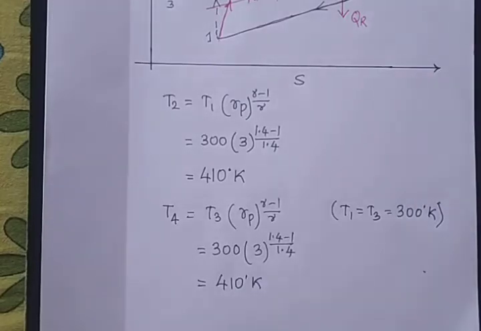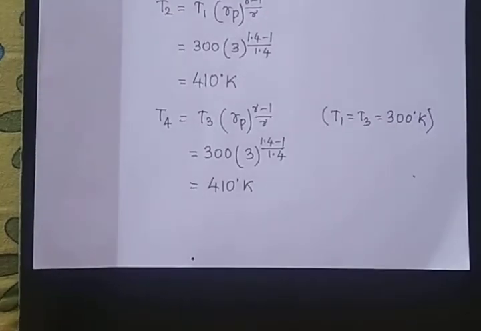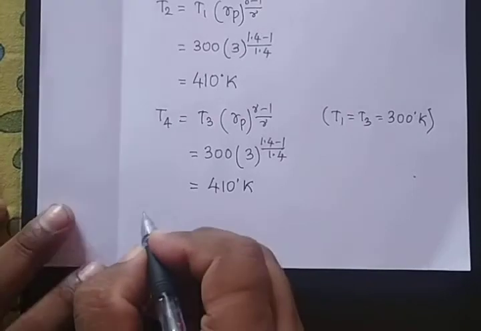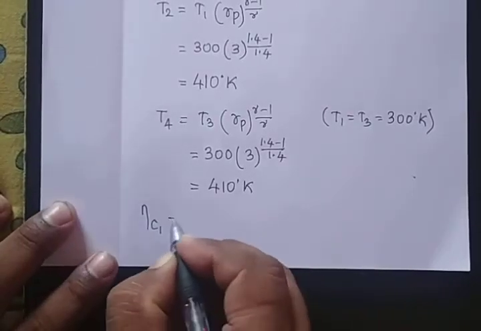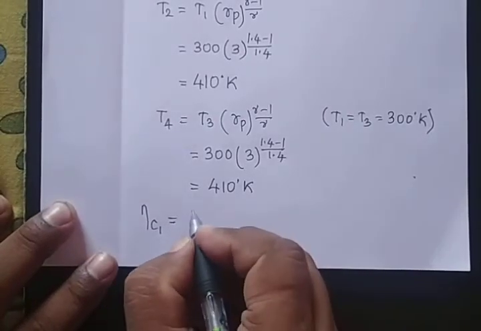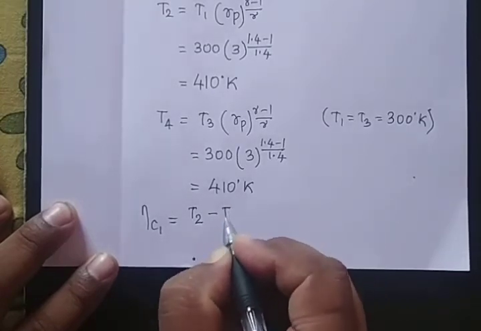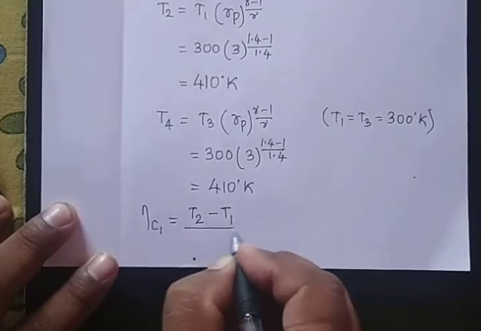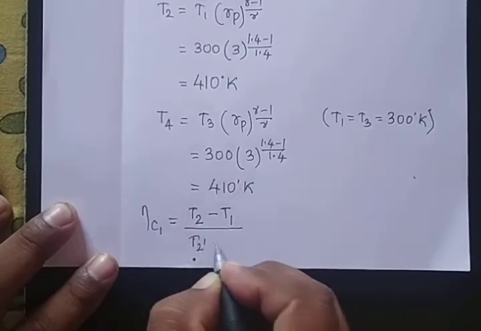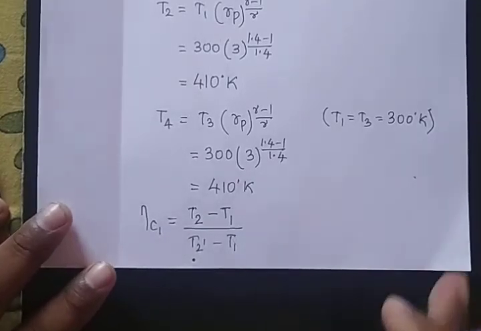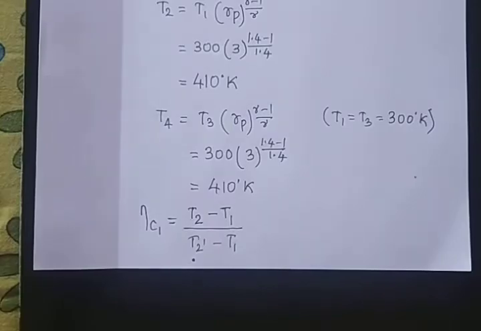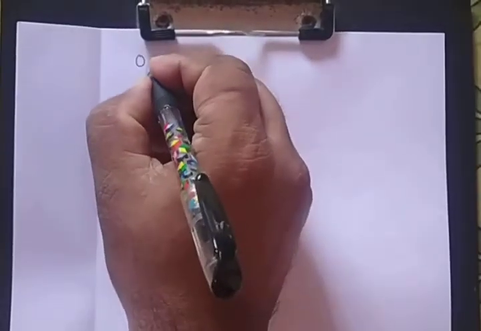So once you find out the value of T4, next find out T2 dash. So efficiency of compressor 1 is given to us. Efficiency of compressor 1 is given by ideal compressor work divided by actual compression work. So efficiency of the compressor is 80%.